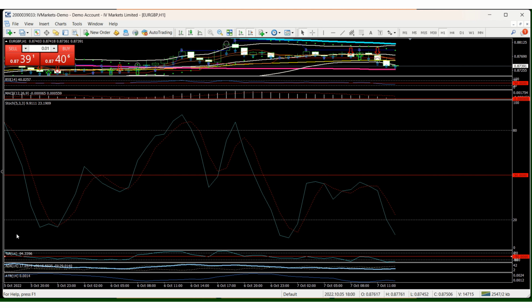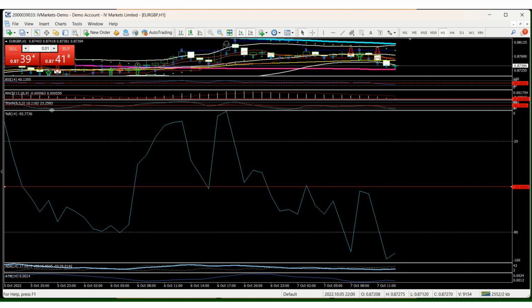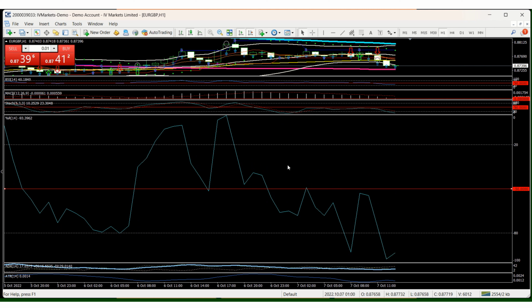If we see the Williams percentage range, it's minus 93, and that is again changing to minus 94, which means it's a range or a position where you can actually say it is being oversold.